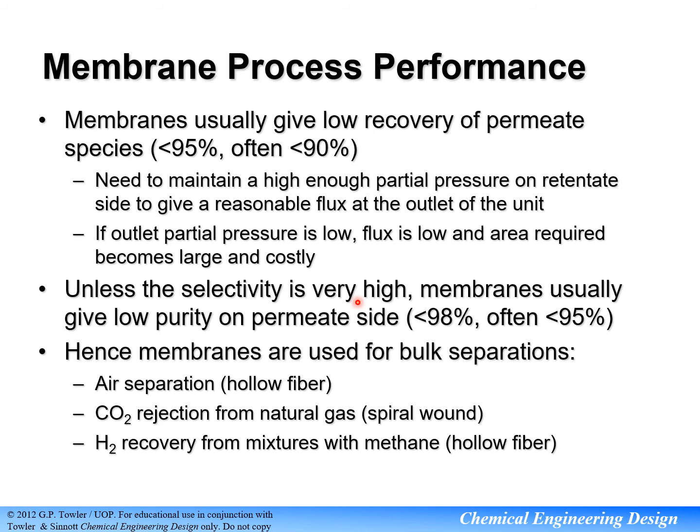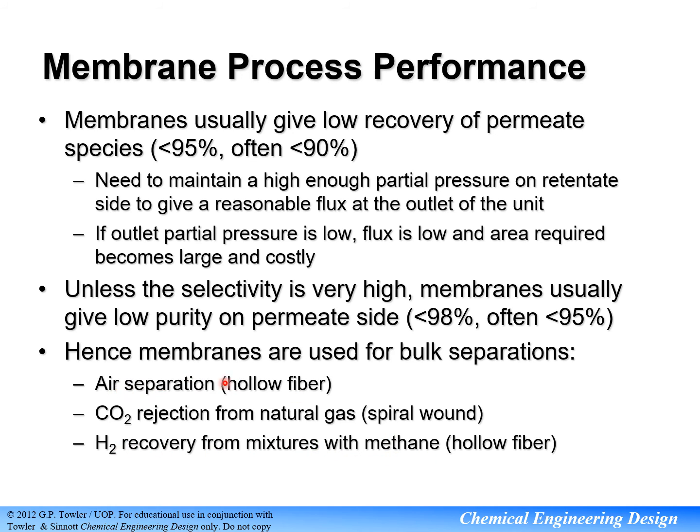So when the selectivity is high, the membrane can give low impurity on the permeate side, around 98%, but normally it's 95% only. So these membranes usually are used for bulk separation like aspiration, CO2 rejection from natural gas, and H2 recovery from mixtures with methane.